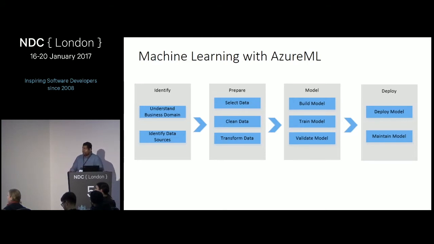The build step is really around identifying what machine learning algorithm best suits your purpose. For this, you have multiple machine learning algorithms available, like supervised learning, unsupervised learning, and so on.